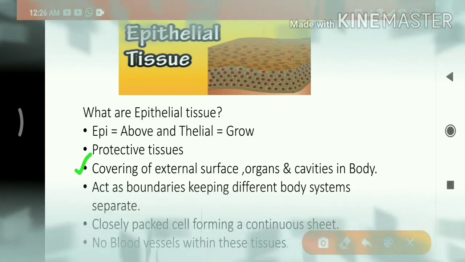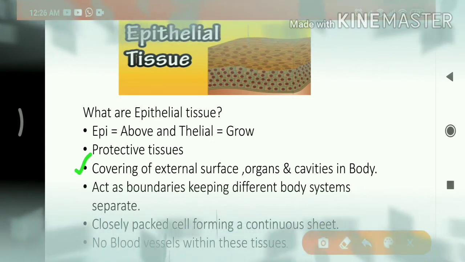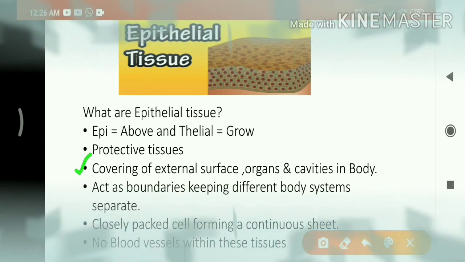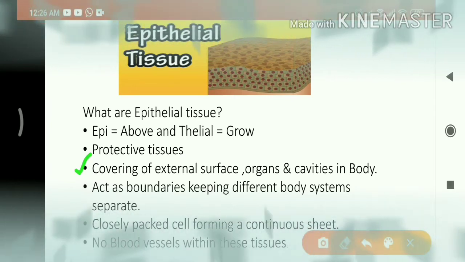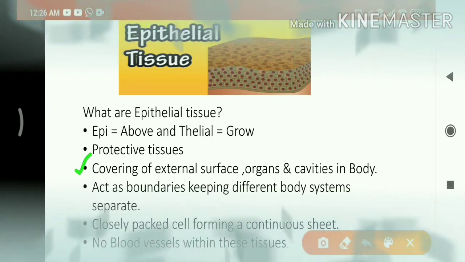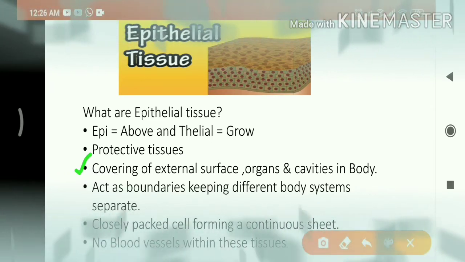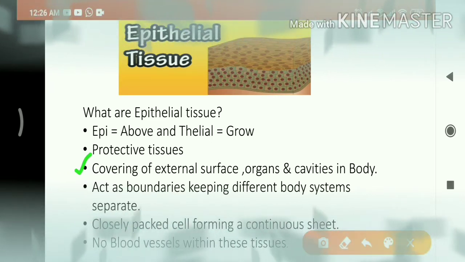There are also so many cavities present inside our body, and these cavities are also covered with it. Why is this covering required? I hope you know about that.